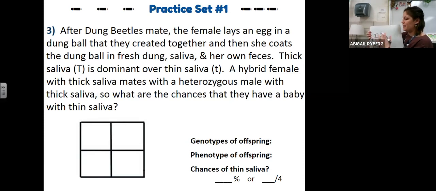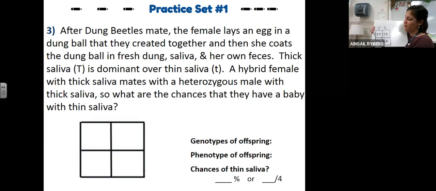So I have a big T and then a funny little t. So she's hybrid, mates with a heterozygous male. That's the same, right? So he's going to also be big T, little t. Let's go ahead and fill in our cross. Should look like that.